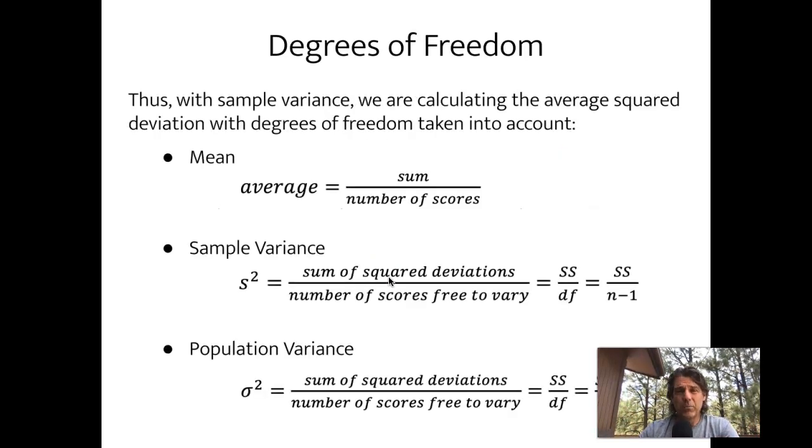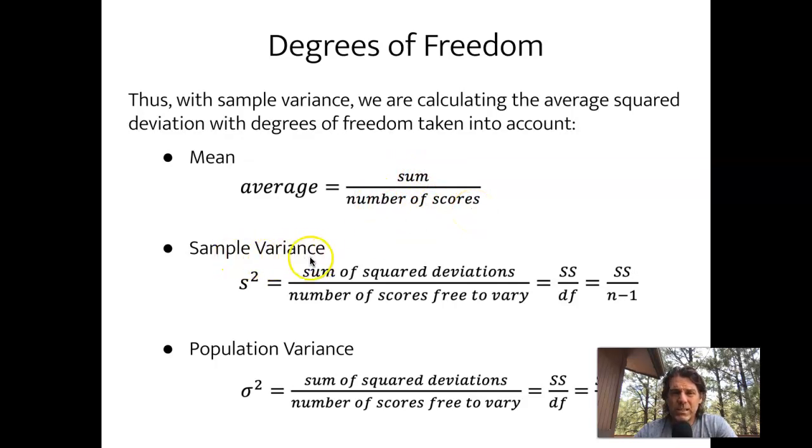Now, ultimately, as it turns out, when we're calculating standard deviation and variance and all that, remember the variance is the part that has the n minus 1 in the denominator. Now, variance is the average squared deviation. When we just work with the mean, remember, average is just the sum of the scores over the total number of scores.